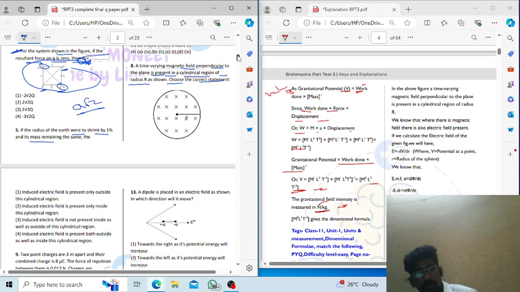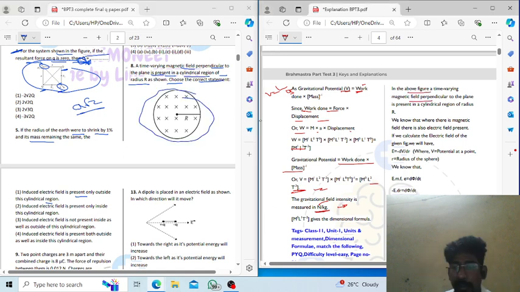So what do you have to do? First of all, understand this: the charge is present at the surface of any sphere or something. It is written that the magnetic field is perpendicular to the plane of the cylindrical region of radius r. And we know where there is a magnetic field, there is also an electric field present, right?